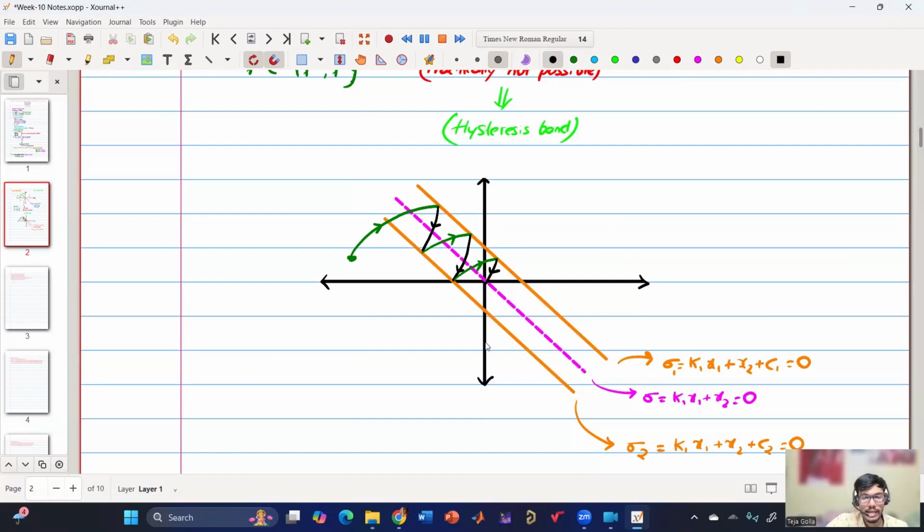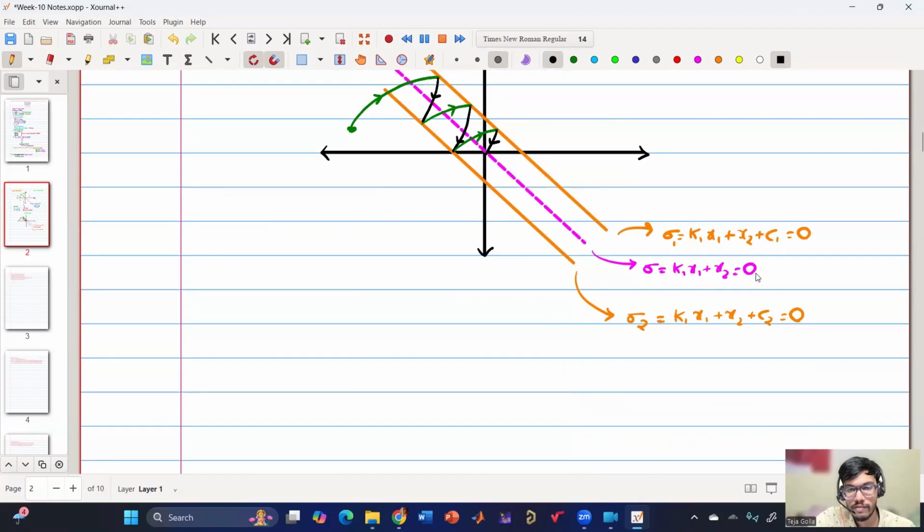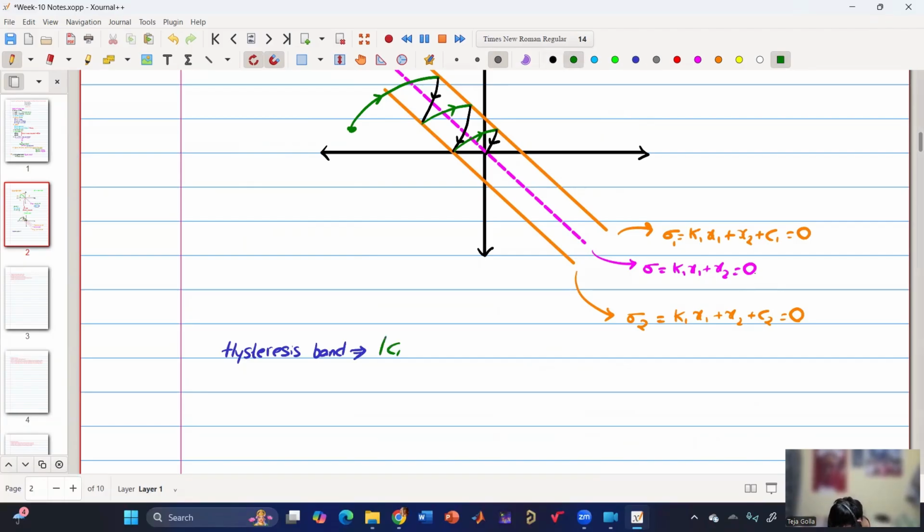This hysteresis band, which is the modulus of C1 minus C2, and we know C1 is higher, decides the switching frequency.